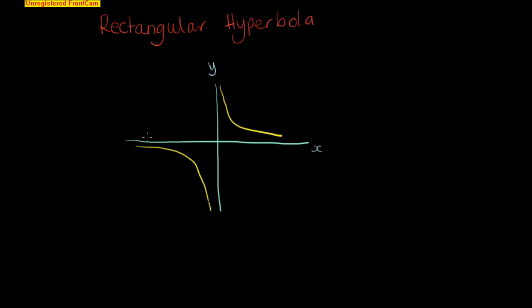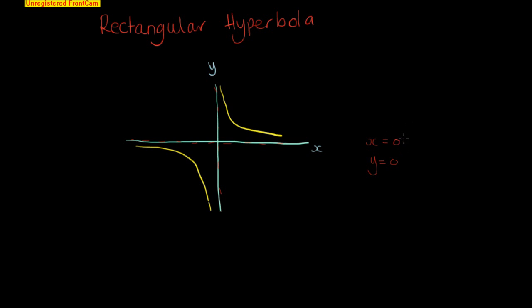Now this graph has two asymptotes in it. An asymptote is a value where the graph never reaches, and in this case I've got an asymptote at x equals 0, which is basically the y-axis, and the second one is y equals 0, the x-axis.